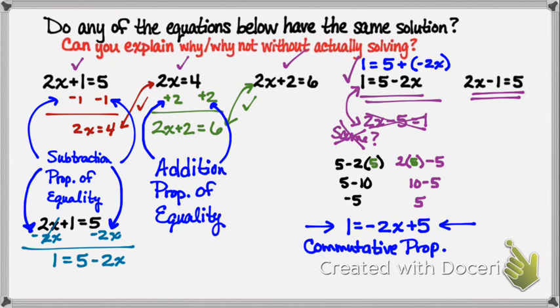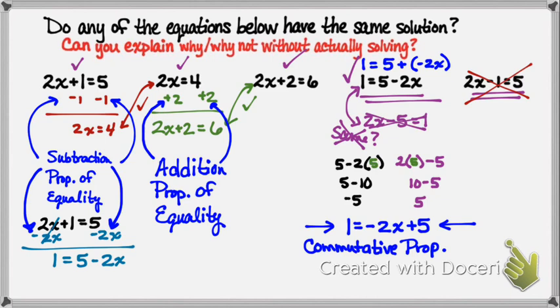What is 5 minus 4? 1. So the first 4 all have the exact same solution. Does this one? What happens if I put 2 in for x here? 4 minus 1 would give me 3, which is not equal to 5. So this one does not have the same solution. That's the only one that didn't have the same solution.